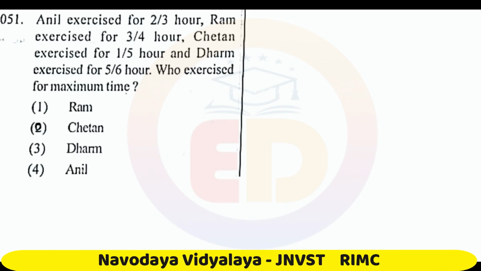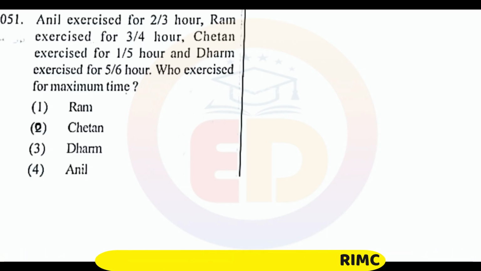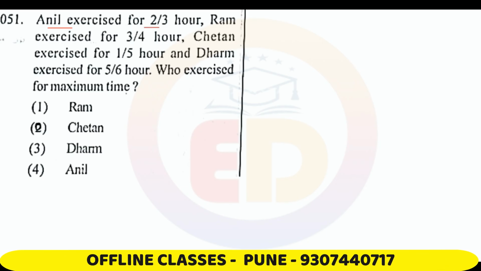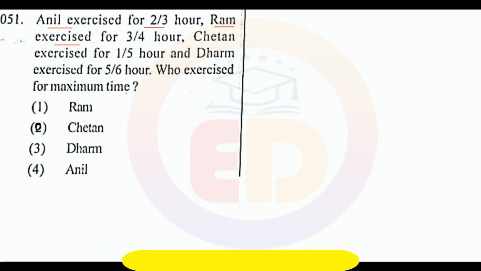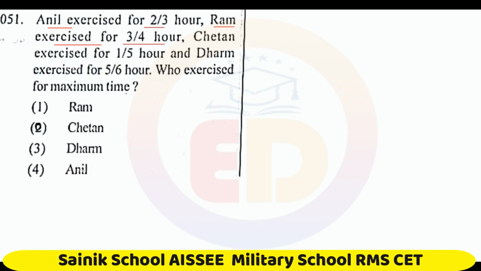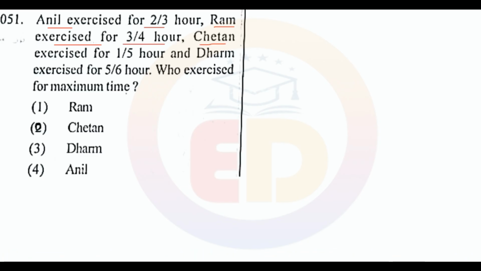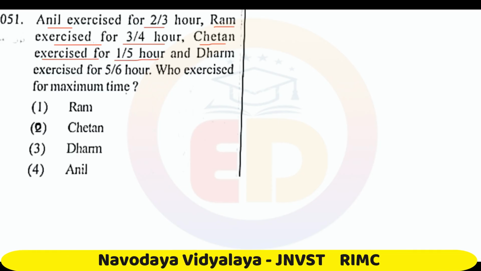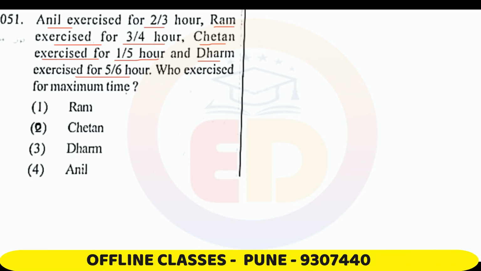Question number 51 says Anil exercised for 2 by 3 hour. Ram exercised for 3 by 4 hour. Chetan exercised for 1 by 5 hour, and Dharam exercised for 5 by 6 hour.